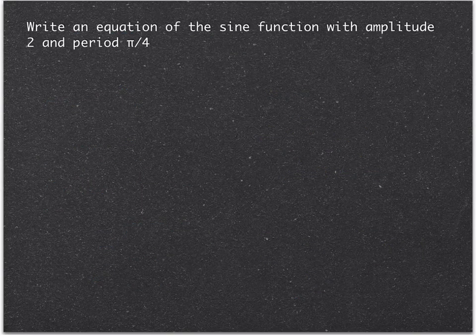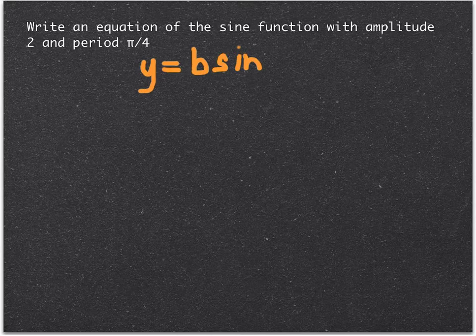Here, this time we're actually going to try to write an equation, sine function, that has an amplitude of 2 and a period of pi over 4. So we remember that when we write this, it's going to be in this kind of form, y equals b sine, and then we'll have this x over a.